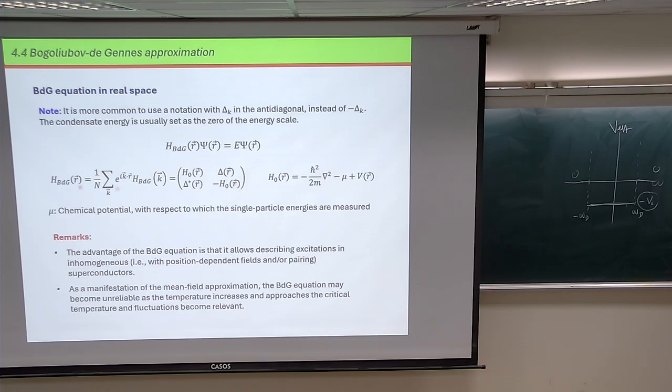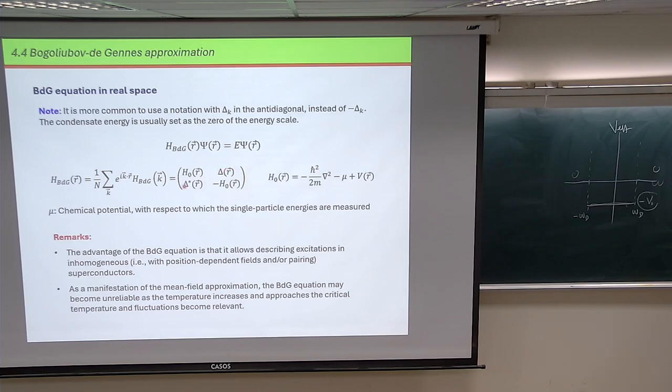So you can write the Hamiltonian in this form. What is H naught? H naught is the Hamiltonian of the electronic part, the single particle Hamiltonian. Let's say you have just a particle with a potential V, so you have the kinetic energy, chemical potential mu, and the potential, whatever you have, electrostatic potential.